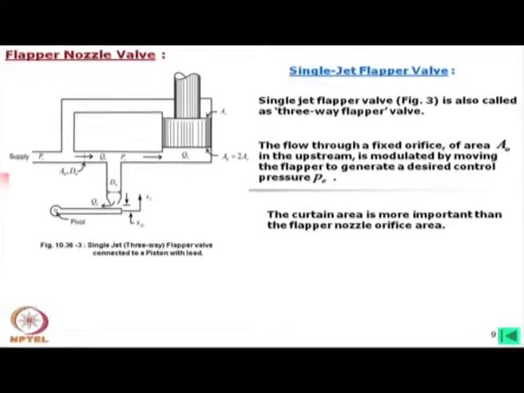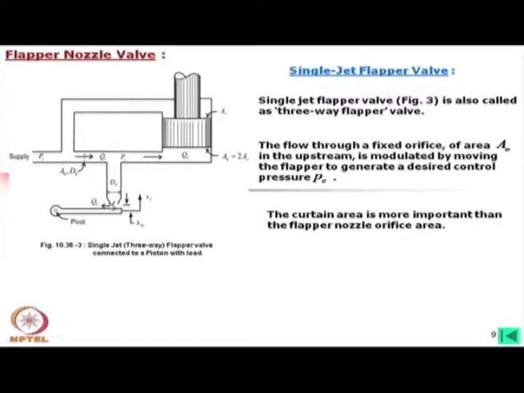The curtain area is more important than the flapper nozzle orifice area. Now, what is called the curtain area? This is the nozzle area, and the area which is closing this end is called the curtain area. So we have to know, one is called the curtain area and the other is simply called the orifice area.